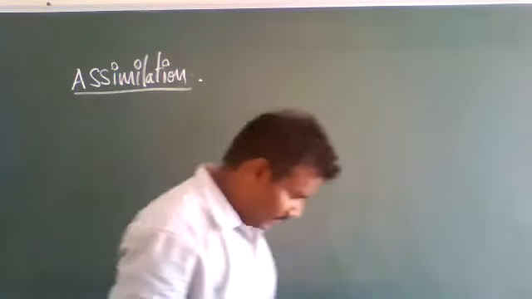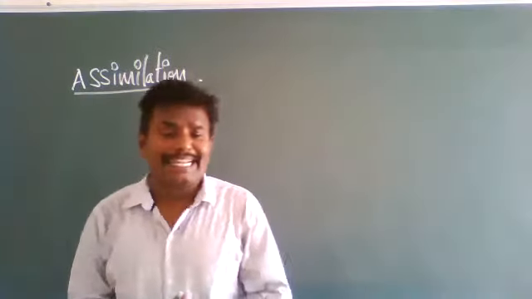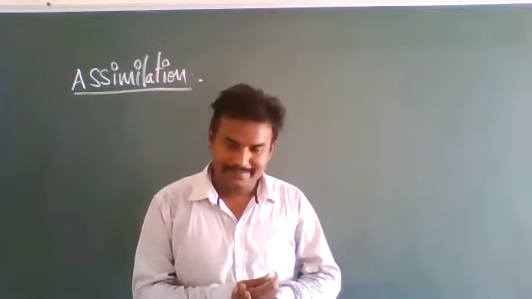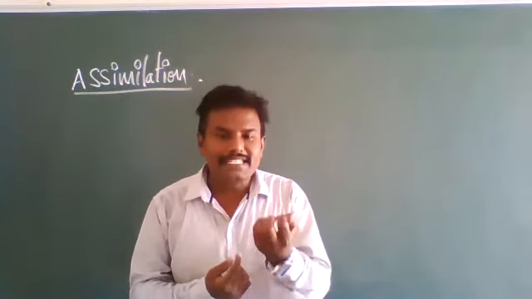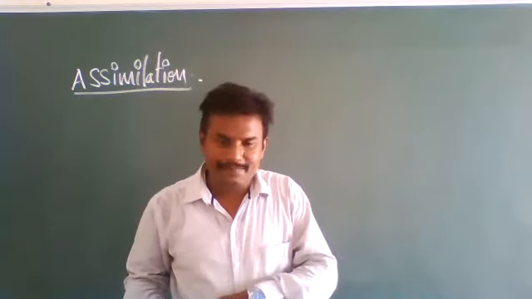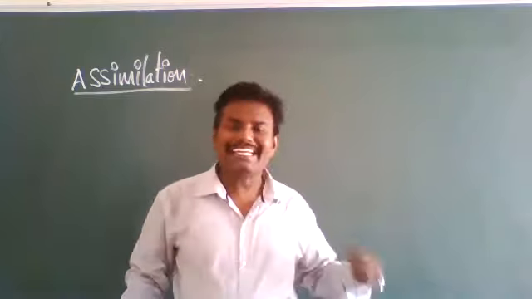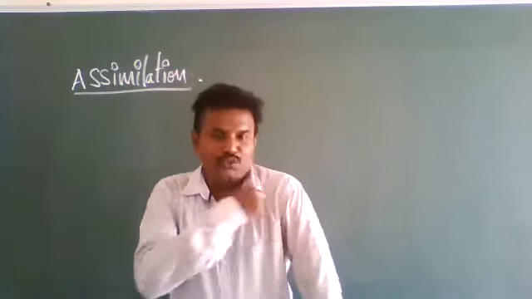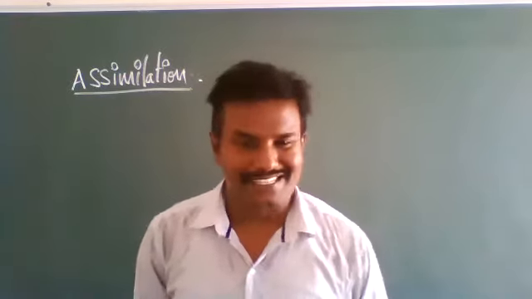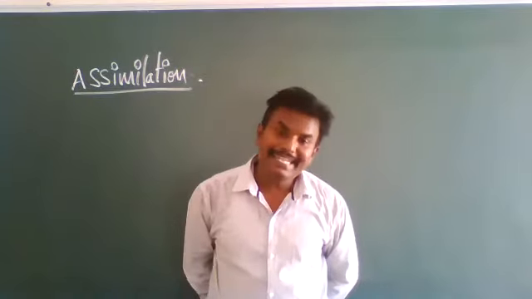Next, assimilation. The absorbed food materials directly come in contact with the tissue. Whatever food materials are absorbed by the intestinal mucosa, lymph vessels, and lacteals, those absorbed substances directly come in contact with the tissues.